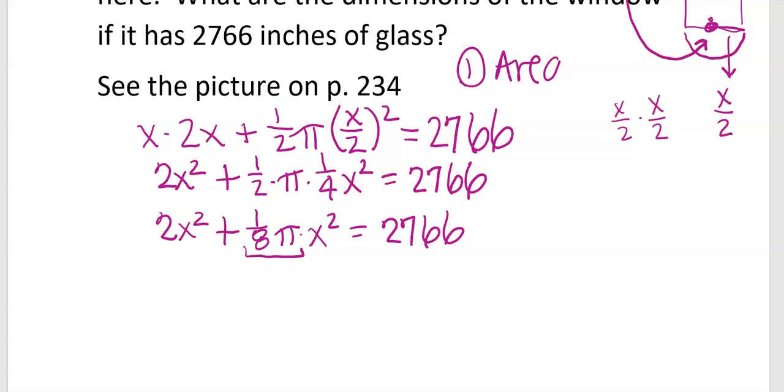About 2.393. One-eighth times pi plus 2. Okay, so now I'm going to take 2766 divided by 2.393.